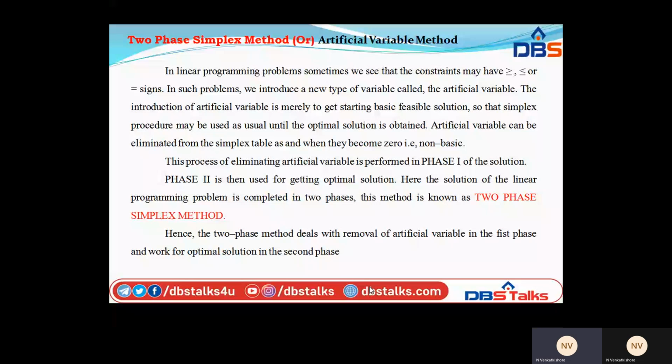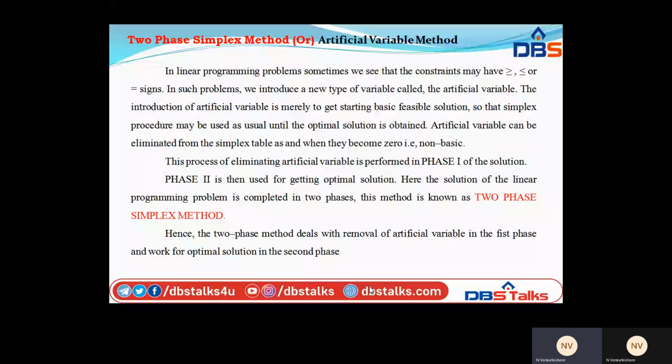At the end of this first stage, there will be no artificial variables in the basic solution. Then only will a solution exist for the given problem.